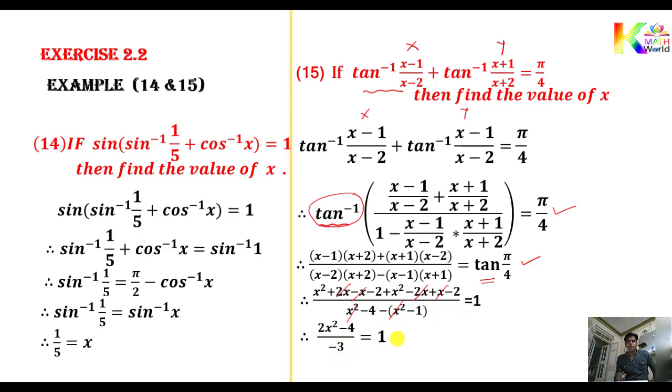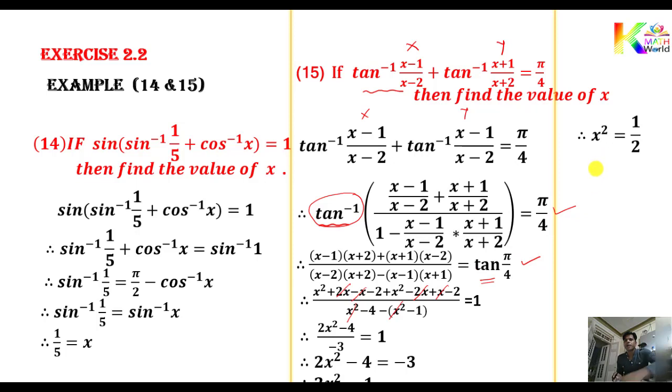Taking this minus 3 on that side, you get 2x square minus 4 equals minus 3. Minus 4 on that side gives 4 minus 3, that will be 1. So x square is 1 by 2. Taking the root, it may be positive or negative, so you get x equals plus or minus 1 by root 2.